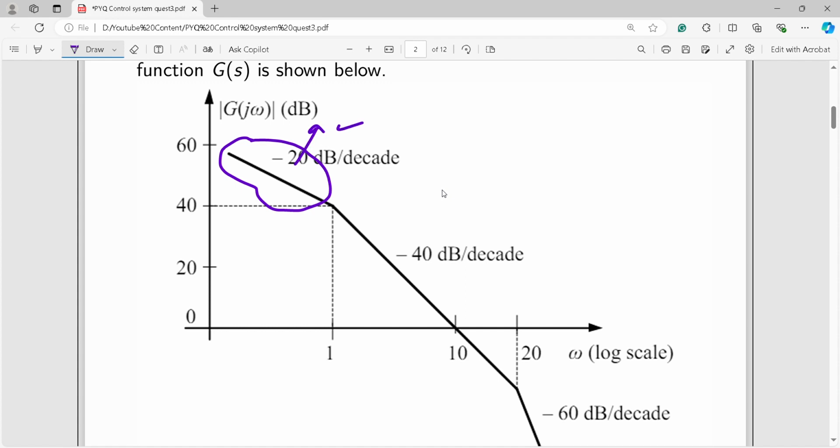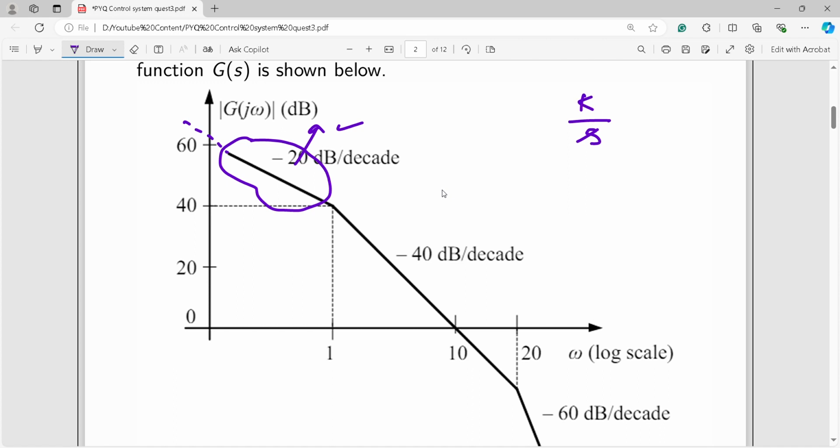Okay, and the initial slope is given by the number of poles and zeros at the origin. Since this is minus 20 dB per decade, there is only one pole at the origin, and a gain also there. If you extend this line, some gain is always there, but it is not required for this question, so it will be k by s.